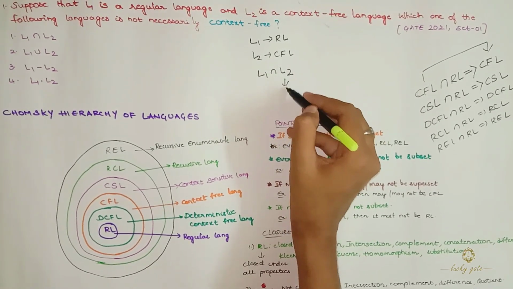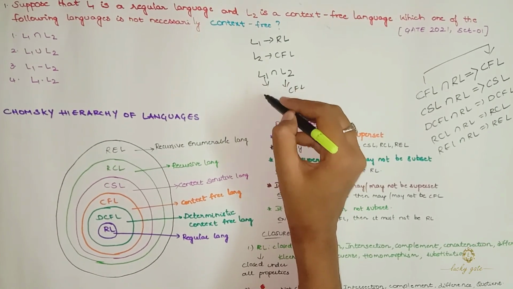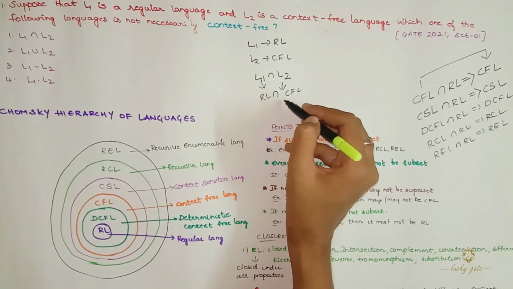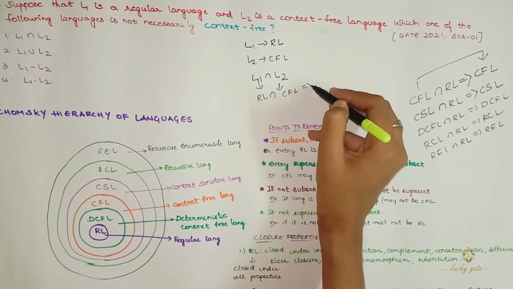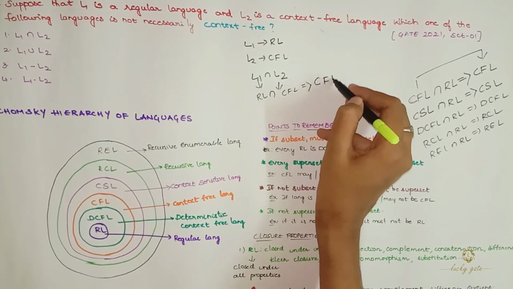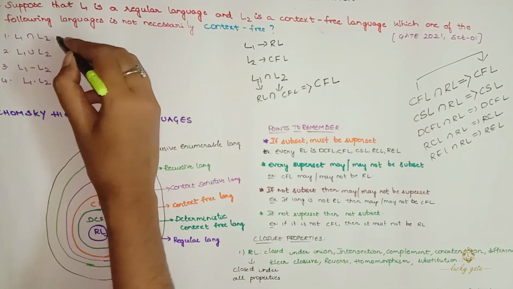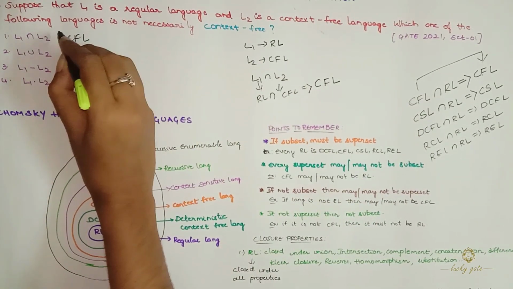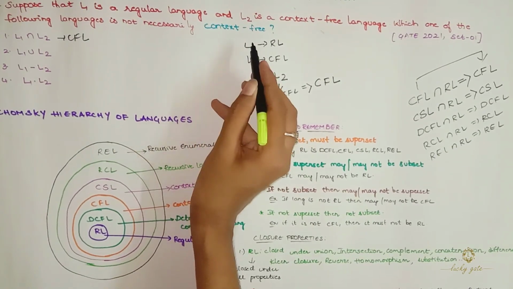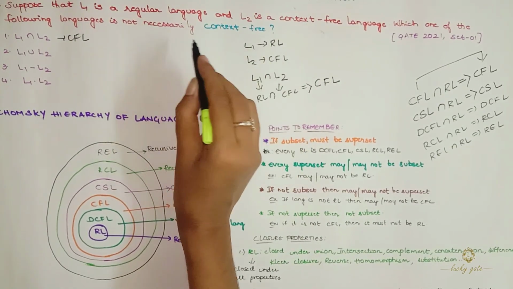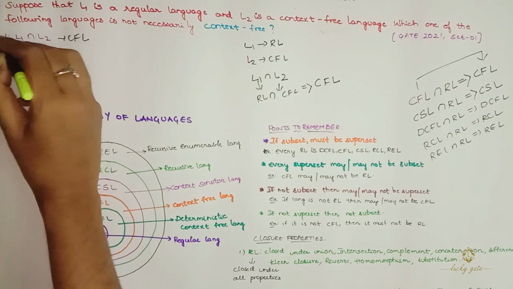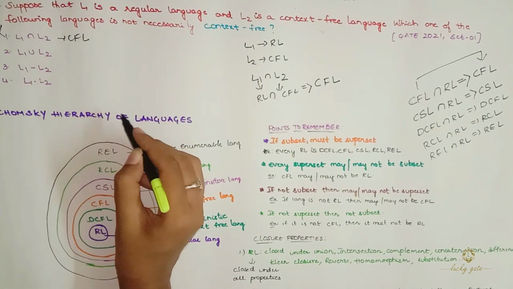So this is CFL and this is RL. If RL is intersected with CFL, the resulting language is CFL. But in the question they asked which is not a CFL, so option 1 is not correct.